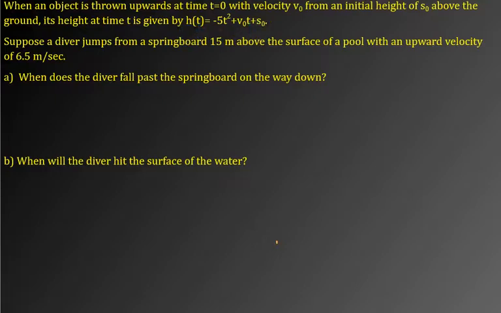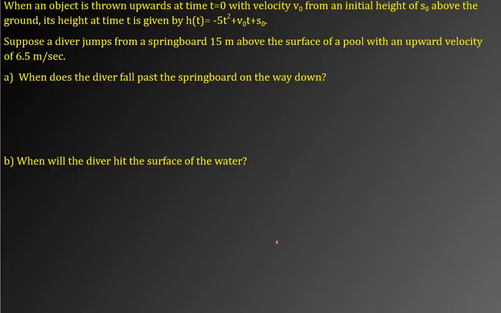So that is just given information. Then it says, suppose a diver jumps from a springboard 15 meters above the surface of a pool with an upward velocity of 6.5 meters per second.